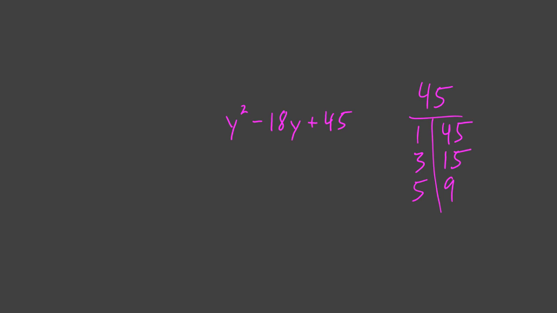Okay, so I think we're done. Which pair can add up to -18? Given that we multiply to a positive, both of the pair need to be positive or both need to be negative. In this case, they need to be negative. So y minus 3, y minus 15 would be our factored expression.